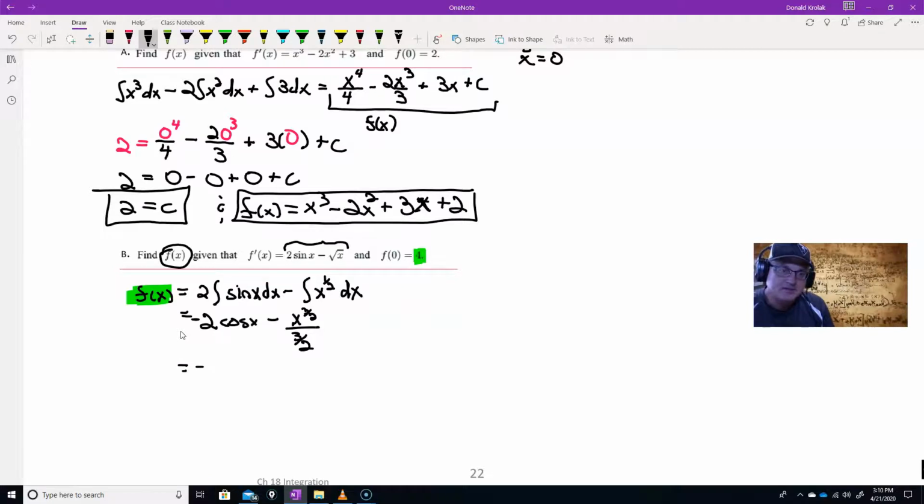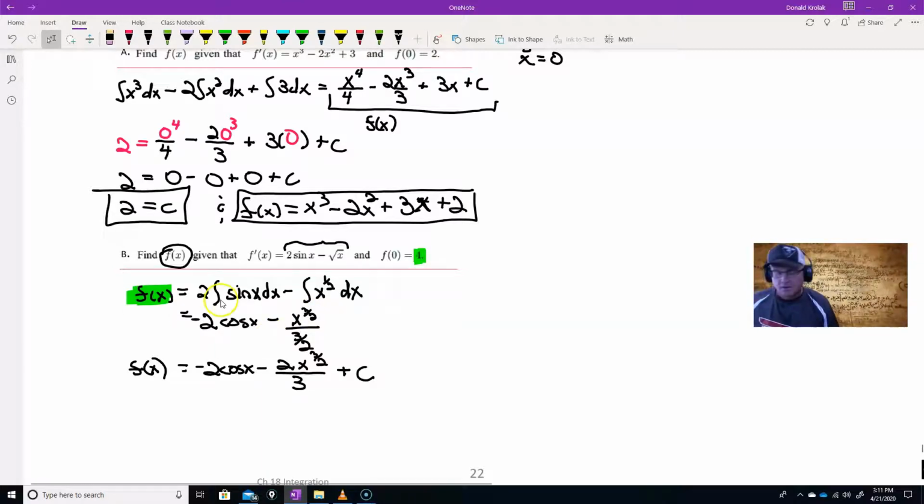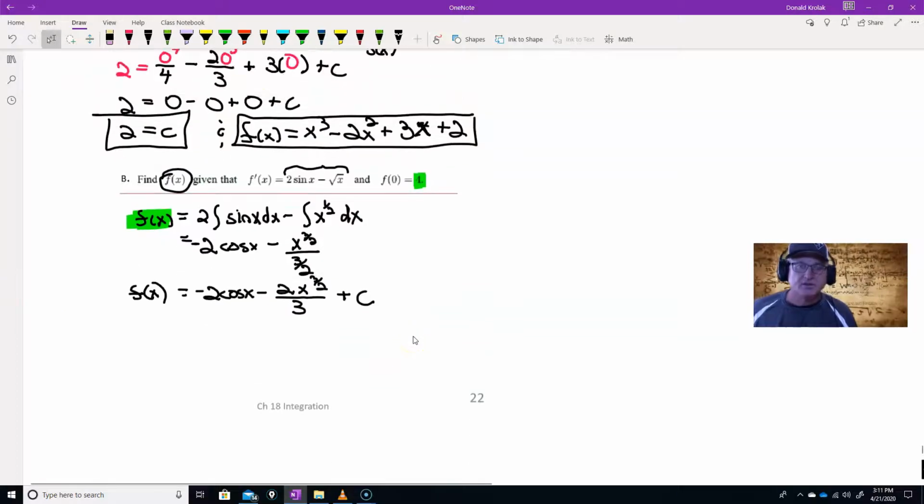Okay, let's simplify that second term. So dividing by 3 over 2 is the same as multiplying by 2 over 3, plus some constant. Okay, now what we're going to do is take out f of x, put 4 in its place.